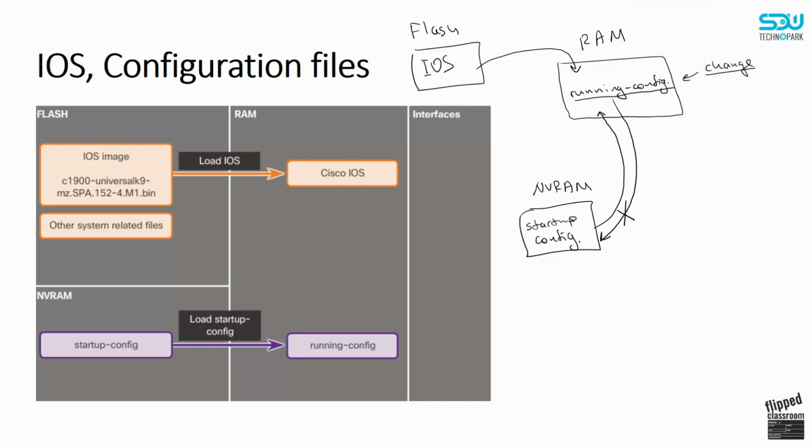When your router boots up, you will not see your changes. To save your configurations, you have to copy the running configuration file to the startup configuration file.